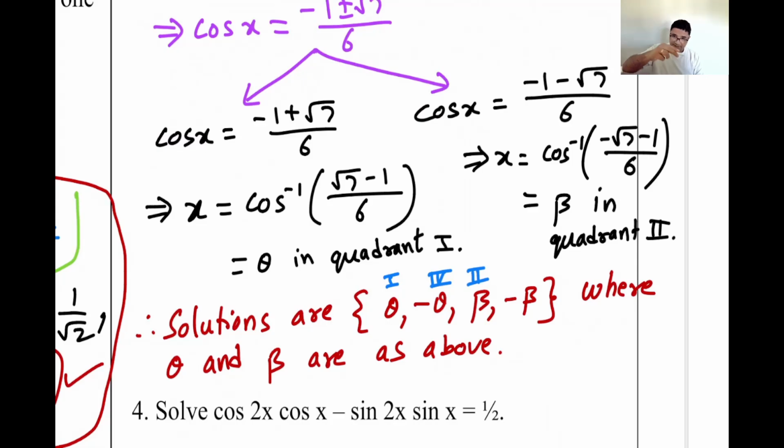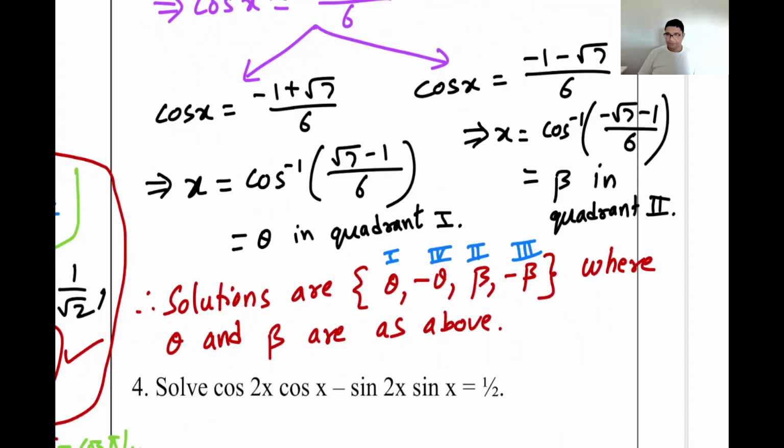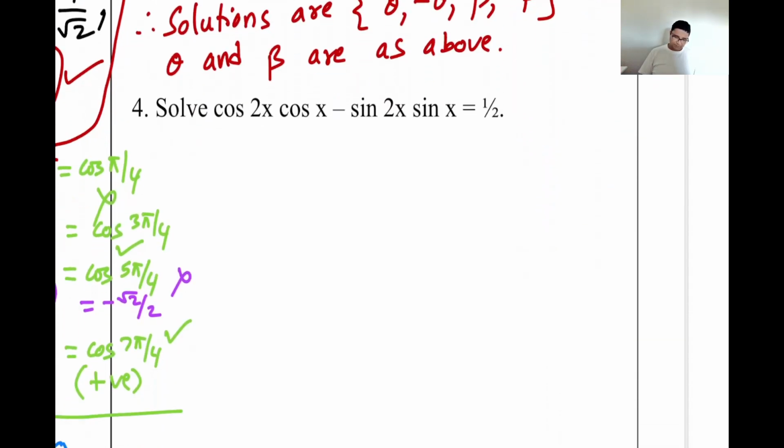And if beta is in the second quadrant, if you take minus beta, you go clockwise, you'll reach the third quadrant. Okay, so those will be the quadrants of those angles. And if you need decimal values, put that in a calculator.